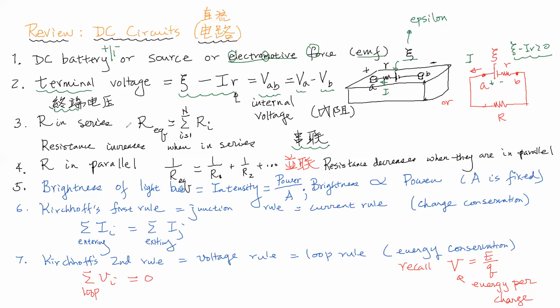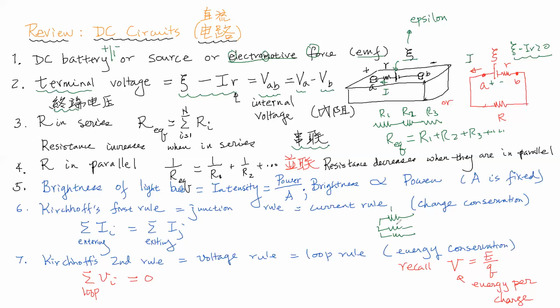Okay, so in series, if you have resistors like this and that, let's say you have two of them, R1, R2. Then your equivalent, R_eq, is equal to R1 plus R2. If you have three of them, R3, then you add another one. And when you are in parallel, you connect this way, like that, that, and that.